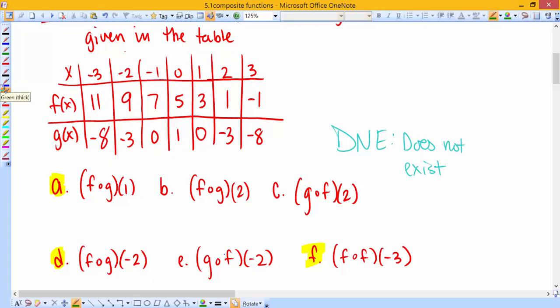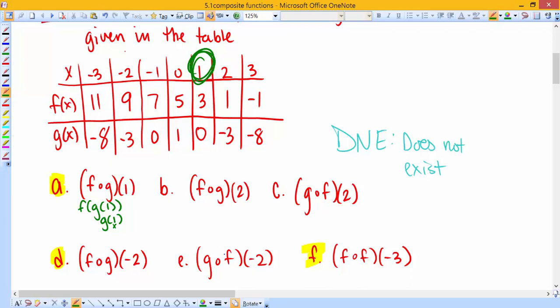Okay, you ready? So this says f of g of 1. So you can think of this as f of g of 1, which means you need to find g of 1 first. Since that is the inside, we work our way from the inside out. So g of 1, I go to my table. This is your x. The number inside the parentheses is x. So I go to where x is 1.